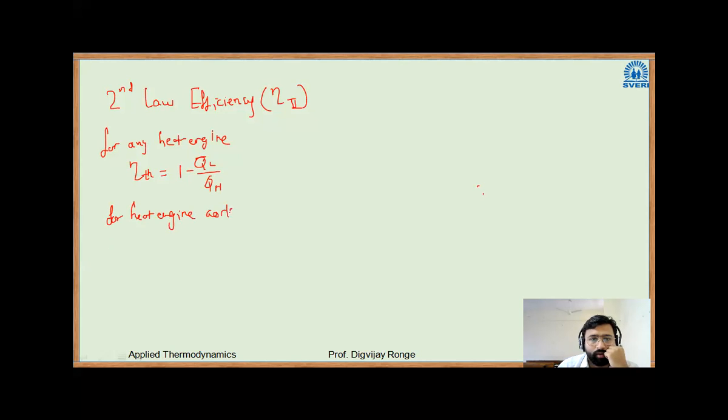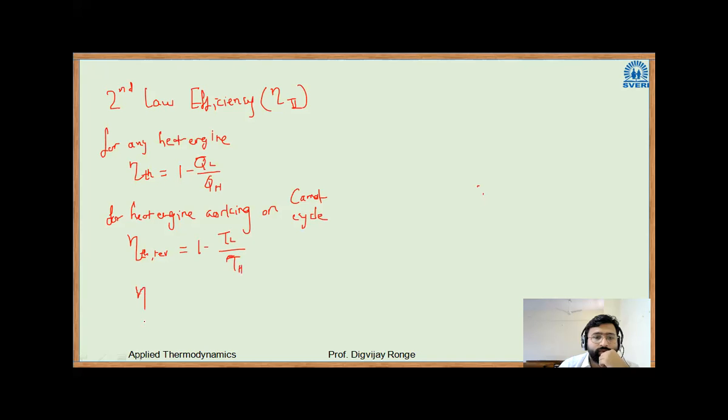And for a heat engine working on the Carnot cycle, the efficiency is also written as eta th comma reversible, because all the processes are reversible. Eta th reversible is, as we all know, 1 minus TL by TH.